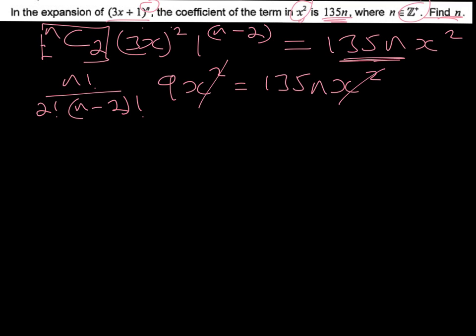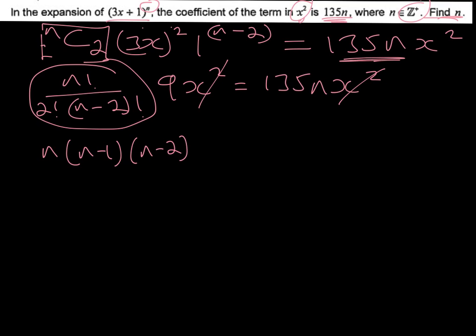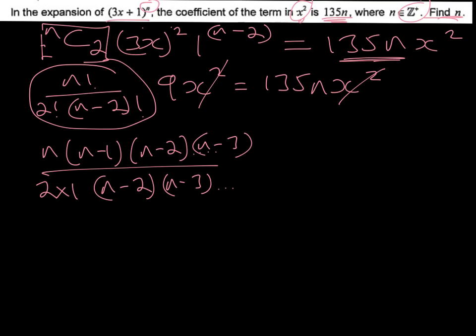Now I can cancel out the x squareds here, and then I need to look in more detail at this expression over here to simplify it. So n factorial is the same as n multiplied by the number before it, multiplied by the number before that, etc. And I'm going to divide that by 2 factorial, which is just 2 times 1, multiplied by n minus 2 factorial, which is n minus 2, multiplied by the number before it, n minus 3, etc. And you can see that I can cancel out these.